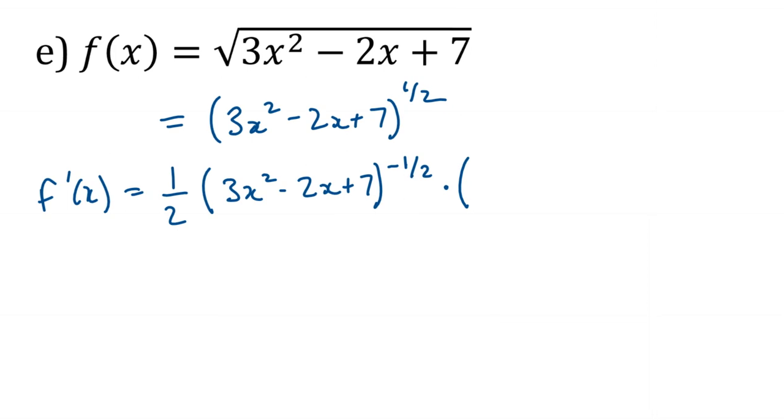So I brought the exponent down. This is 1/2, right? Exponent of 1/2, so I brought it down out front. Function stays the same. Subtract 1, so to the negative 1/2, times the derivative of what's inside. Well, what's the derivative of what's inside? 6x minus 2.